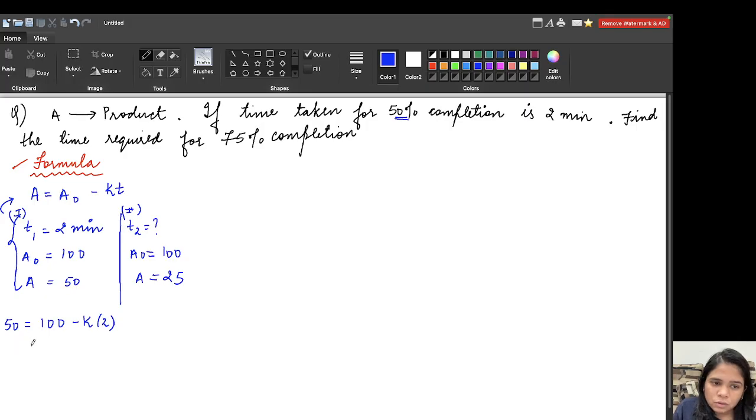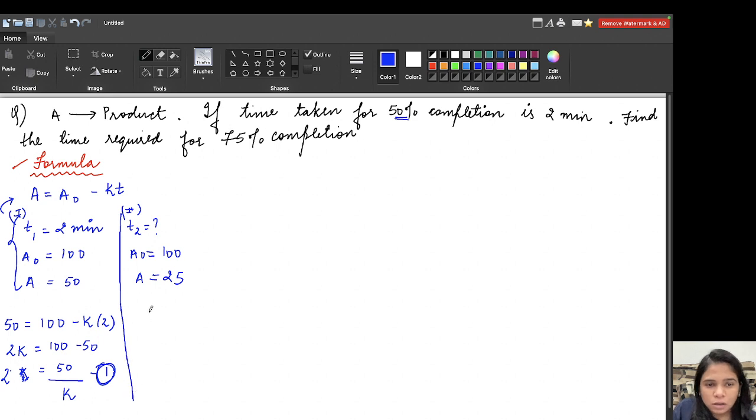So what will you do? 2k equals 100 minus 50, so k is equal to 50 divided by 2, which is 25 per minute. Let us assume this is 50 by k. This is your first equation.